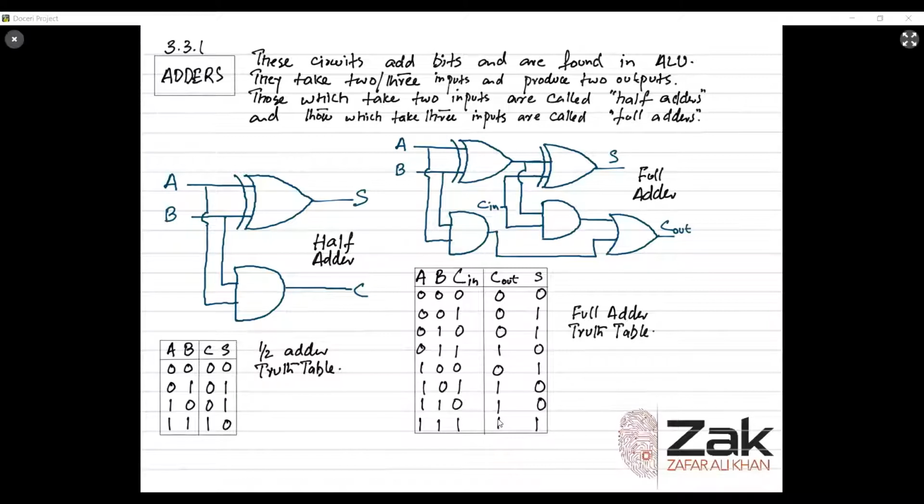All right, so we are not looking at this particular logic circuit as an ordinary one, but as an adder.